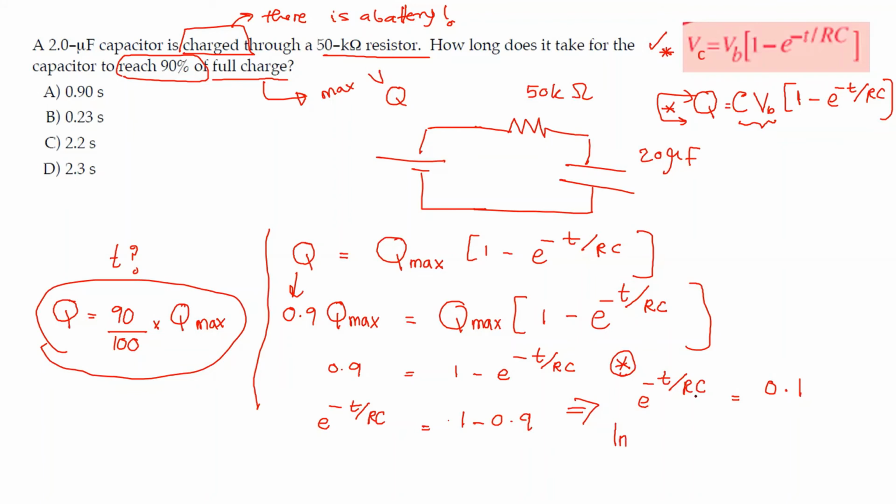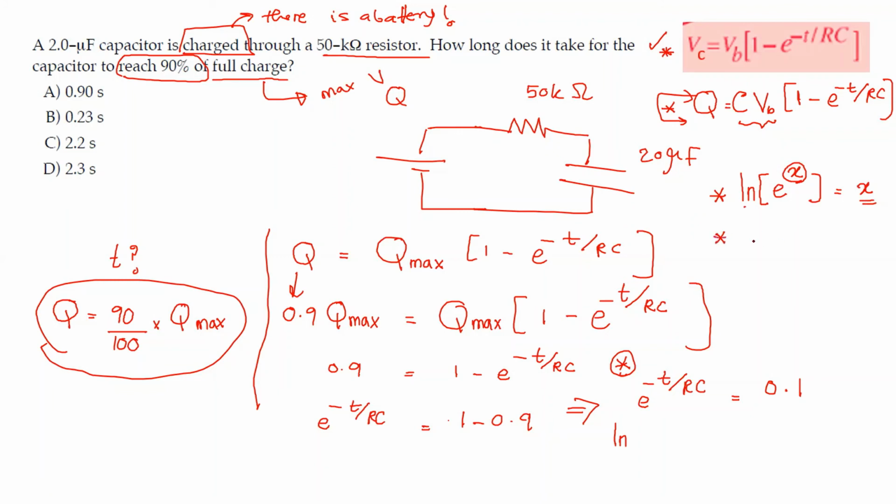So when we take, I'll write it here, the natural log of an exponential, for example, let's say e to the power x, we get x. So whatever is in the exponent, we get as the answer.